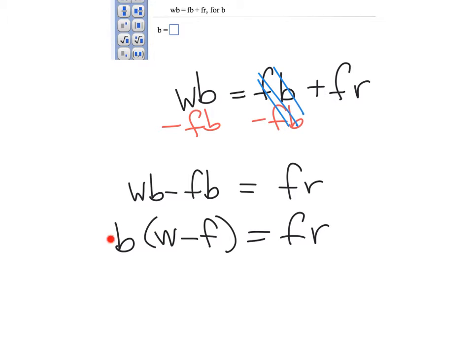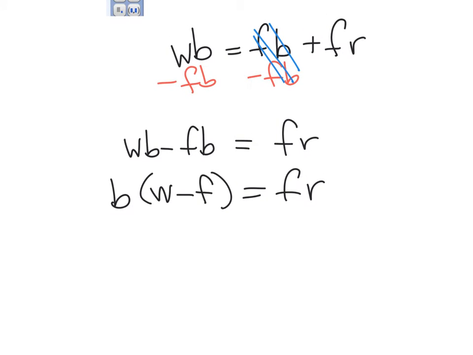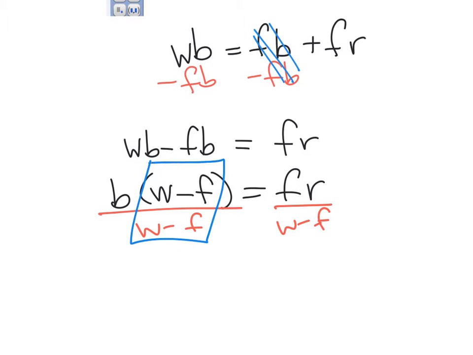Now, because I want b all by itself, and b is being connected to this thing by multiplication, how do you get rid of something that's connected by multiplication? You divide. In this case, we're going to divide both sides by w minus f. And so this right here is equal to 1 whole.